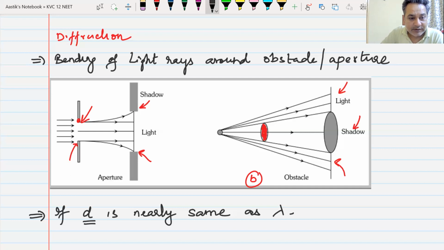That time you'll have to remember, when do we observe diffraction? We observe diffraction only when the wavelength of the light is almost the same as the size of the obstacle. They must be of the same order. If one is in the Angstrom unit, the other one should also be in the Angstrom unit, and so on. Do we understand this? Yes or no?